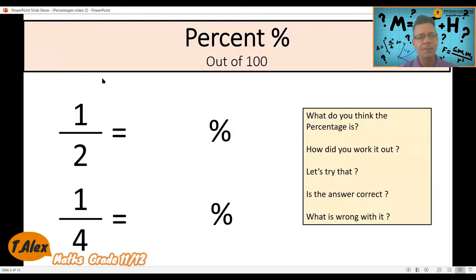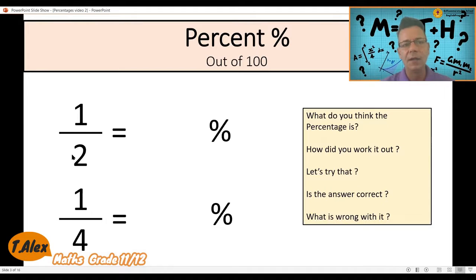Now, can you tell me what 1 over 2 is as a percent? It is 50. 1 over 4, what is this as a percent? 25. Now, these are very easy and maybe you just know them in your head.